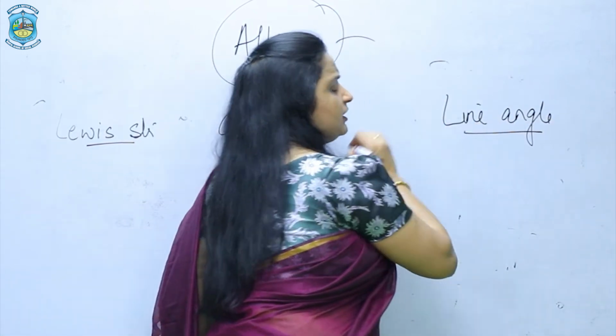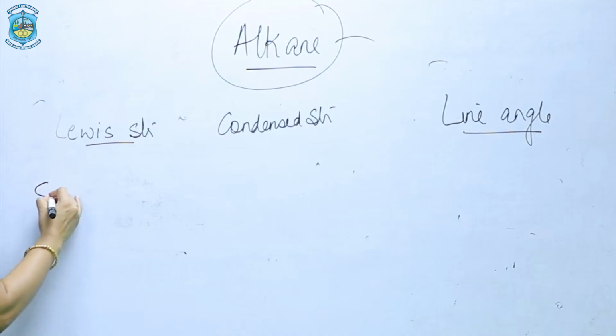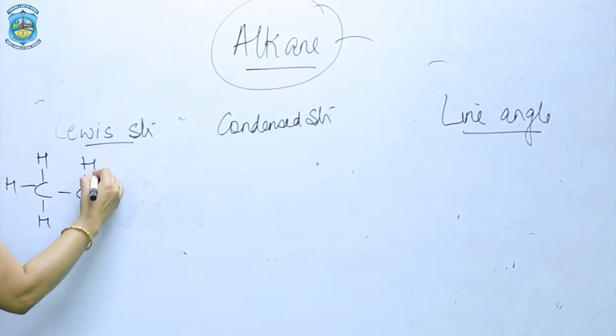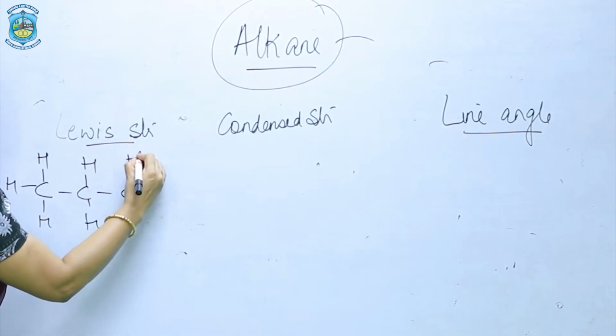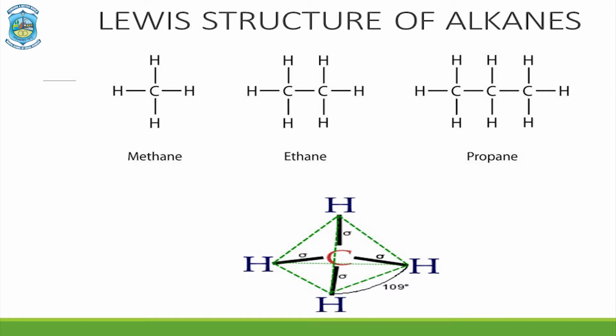First is the Lewis structure, taking the example of 3 carbons, that is C3H8, with the carbons and hydrogens drawn out. If we want, we can also show the electrons forming the bond. This is called the Lewis structure of C3H8.